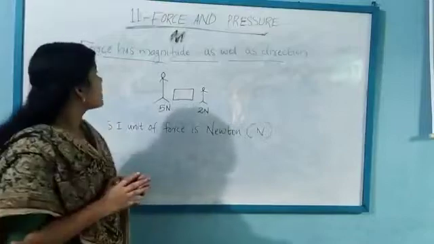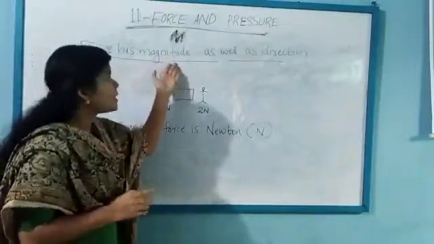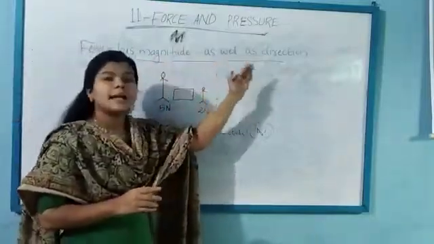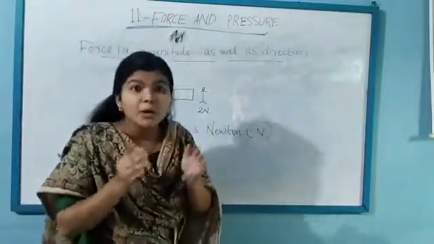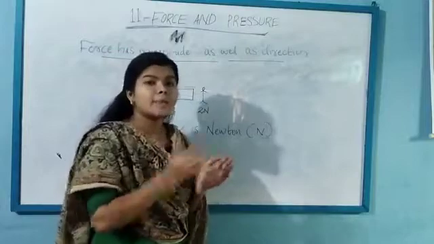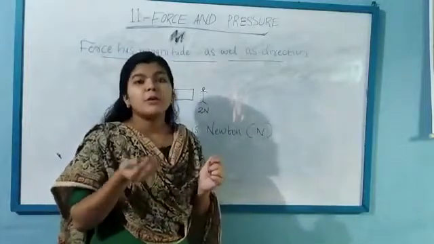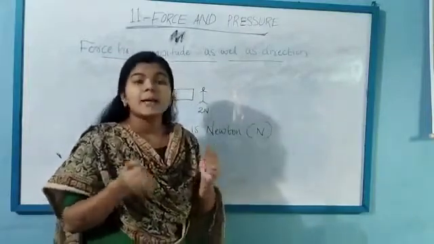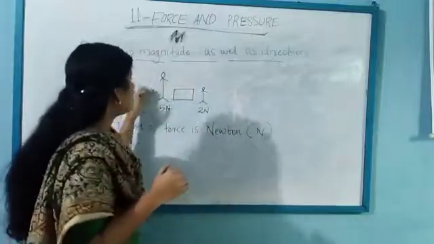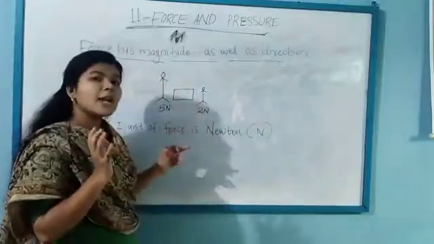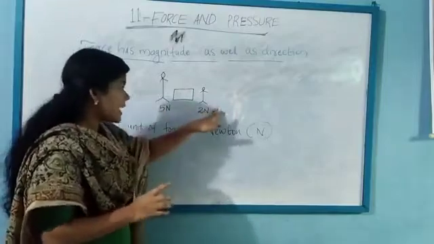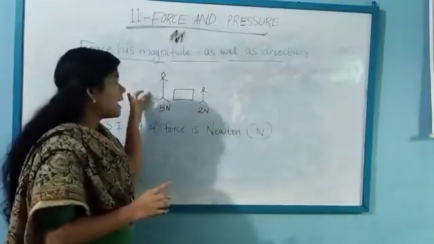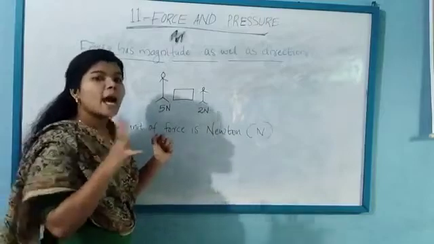Next one is force has magnitude as well as direction. Magnitude means the amount of force applied. Imagine that an adult person and a child are trying to move a body.